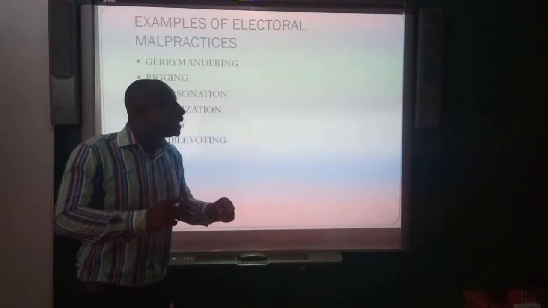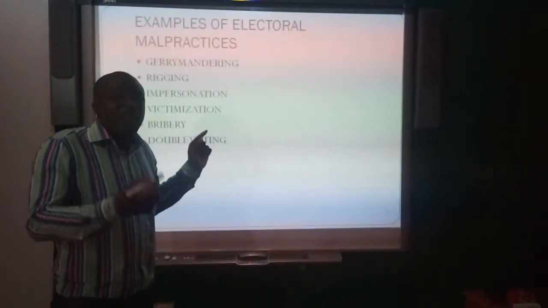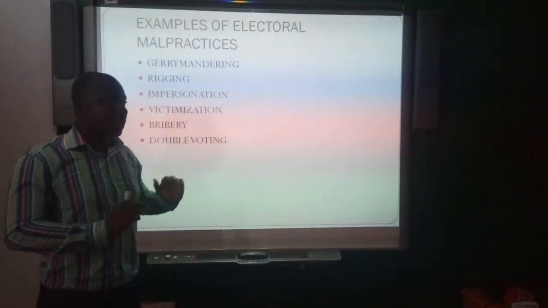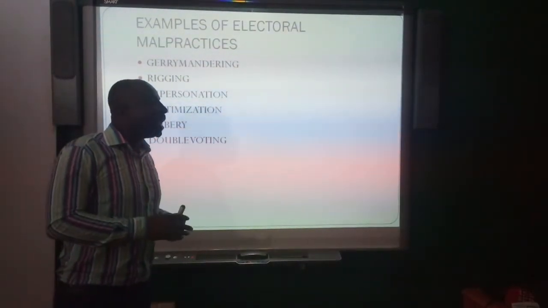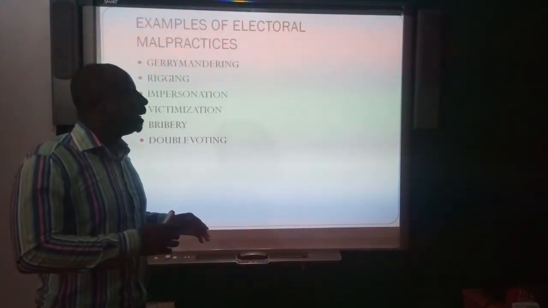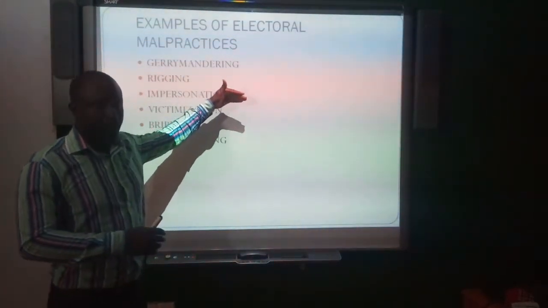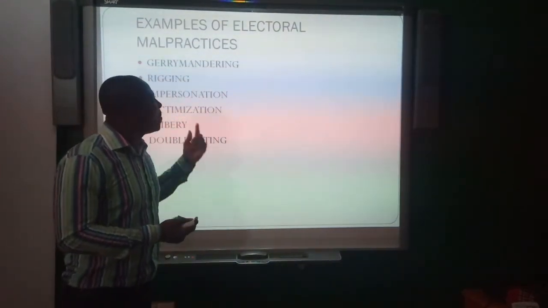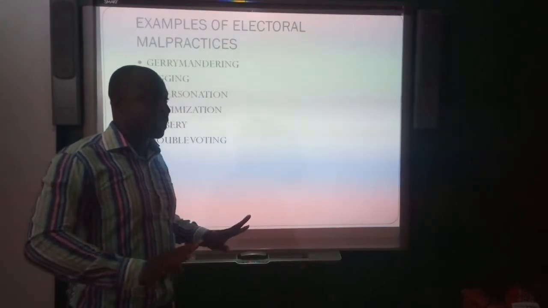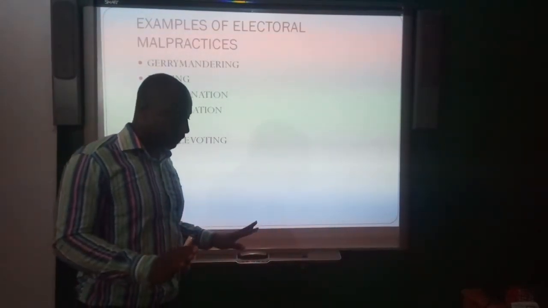At times, it's the body in charge of the conduct of elections in a democratic state, the Electoral Commission. Gerrymandering is caused by the Electoral Commission, not the voters themselves.